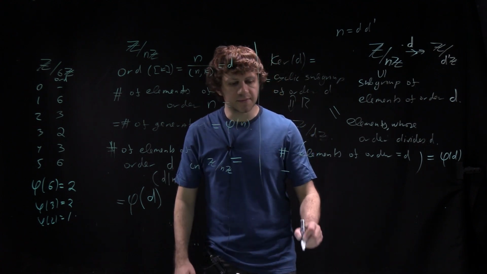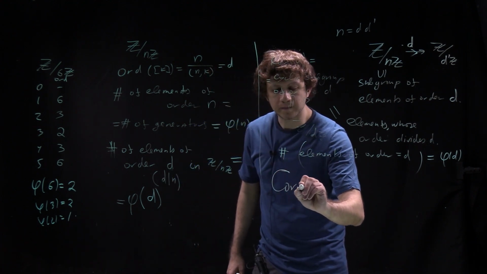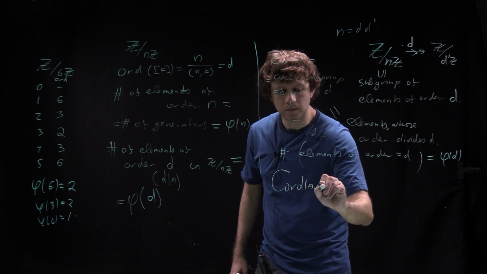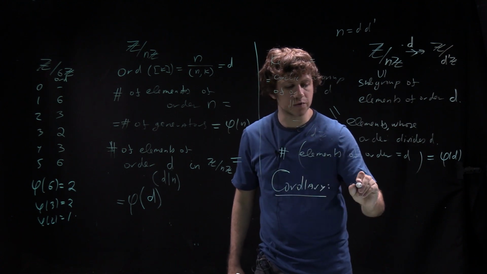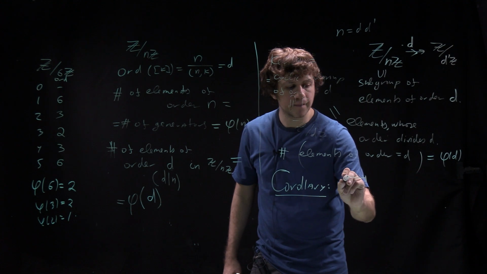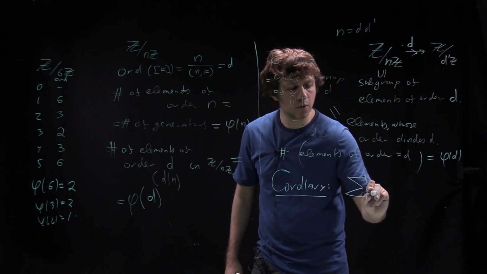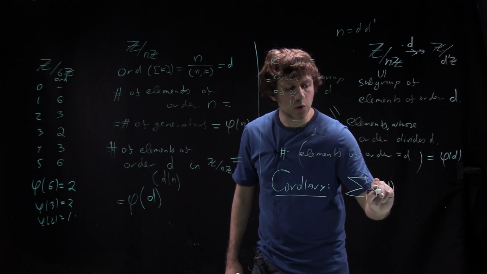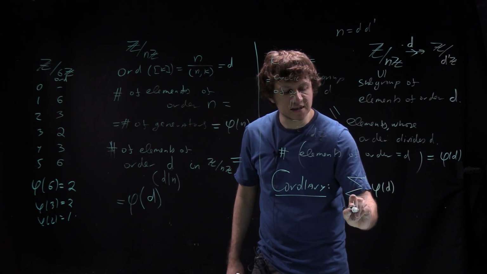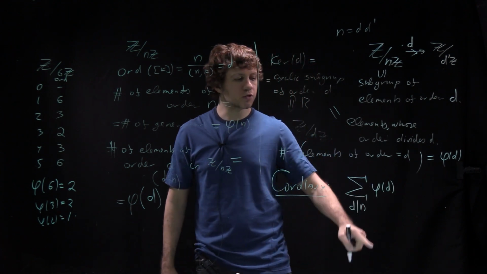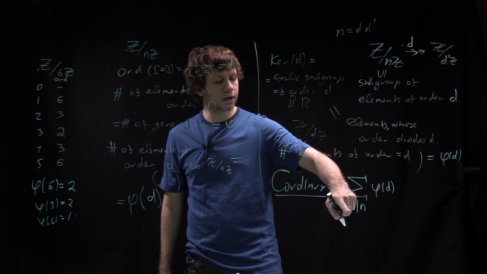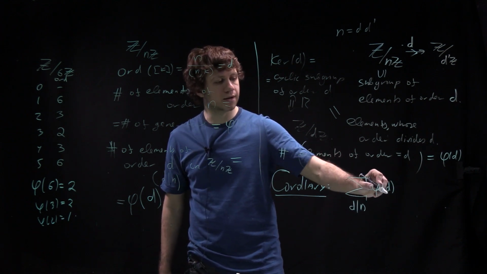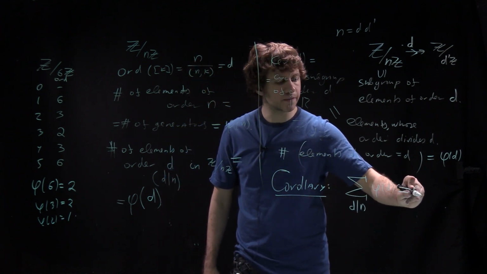Very interesting statement. It has a beautiful corollary. So the corollary is as follows. You take the sum of the values of the Euler function at all d where d divides n. So you sum the function over all numbers which divide n, and the statement is you get n back.